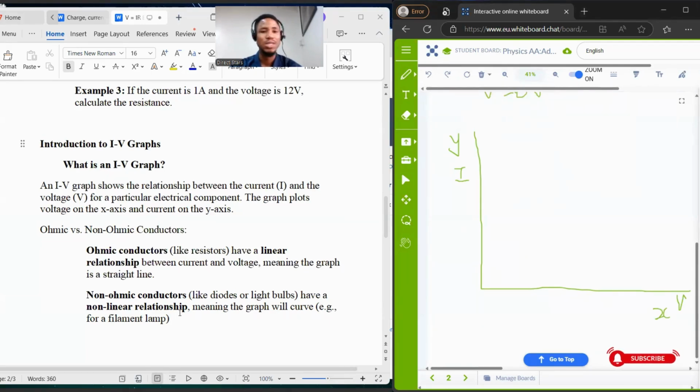Non-linear means it will have a little curve, something like this.